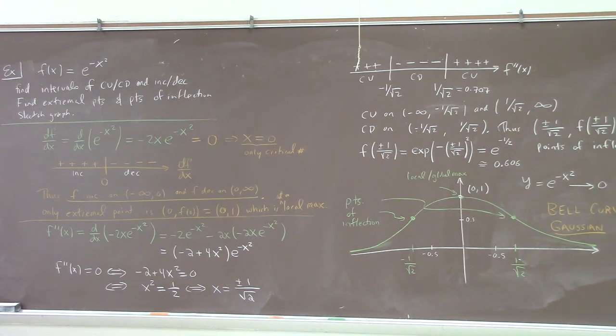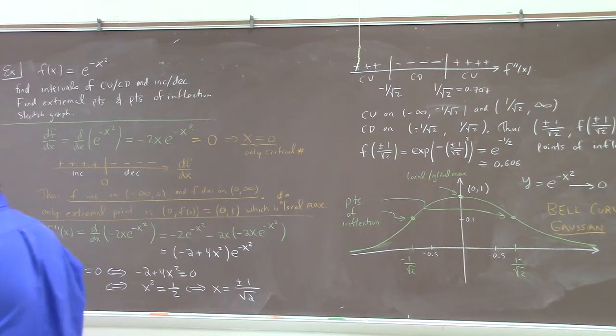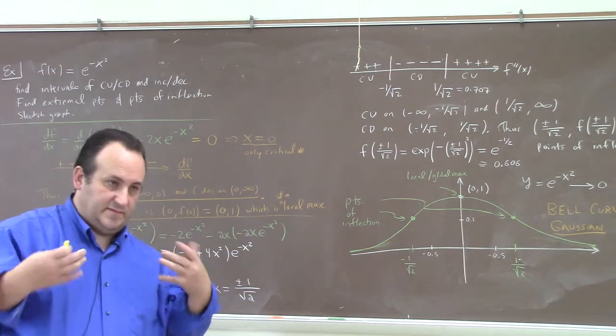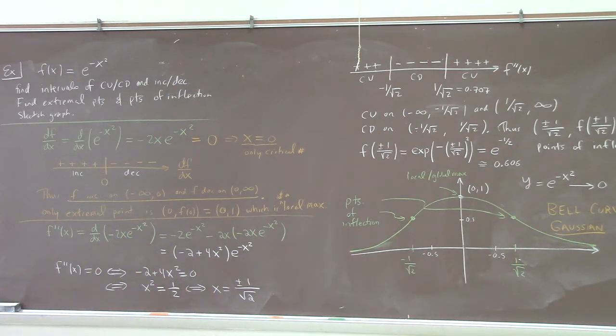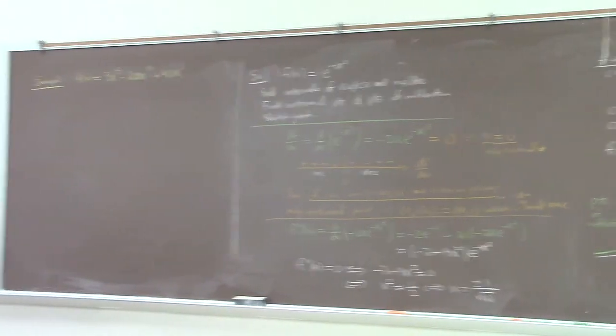And we're supposed to find the intervals of concavity, increase and decrease. Same instructions as the last example, all right? So what do we do? Let me just stop and say what we do. We find critical points. We find where the derivative is 0. Then we find where the second derivative is 0. We draw a sign chart for both of them, you know?